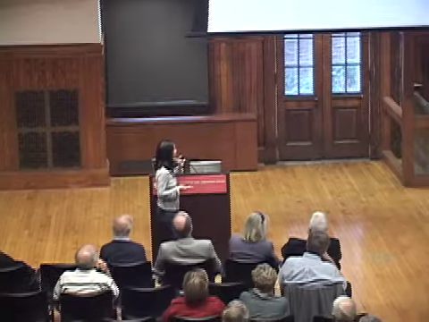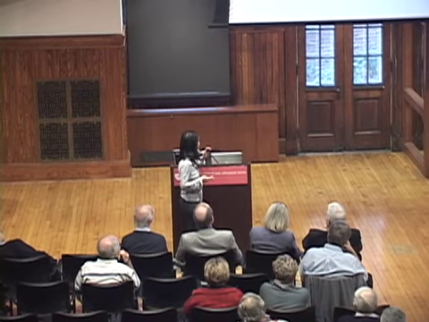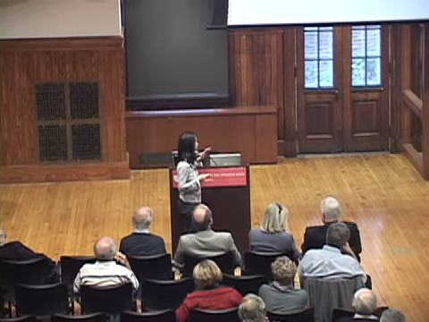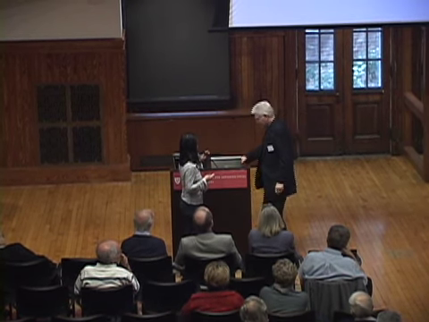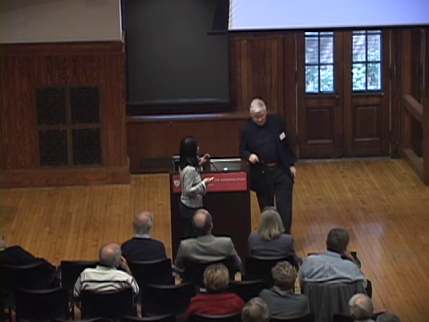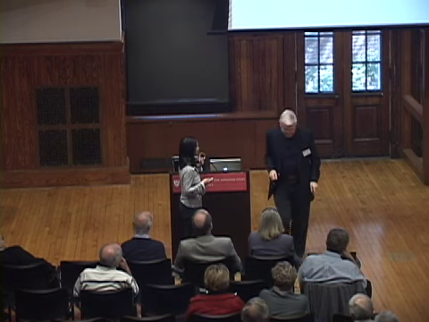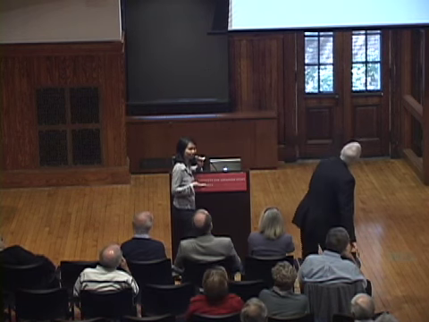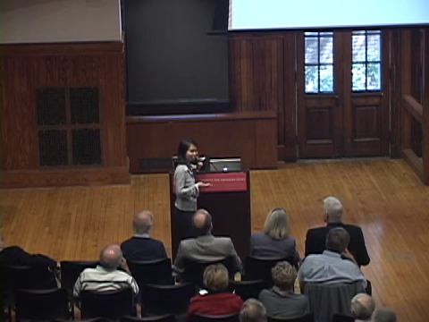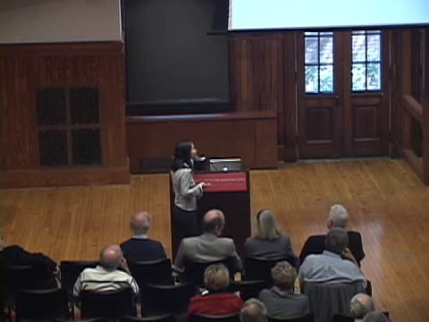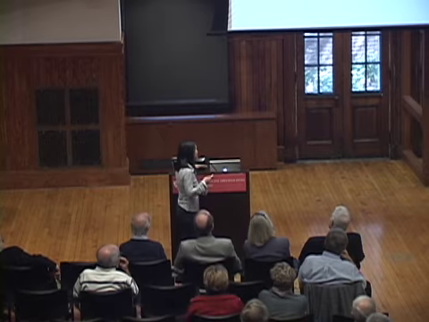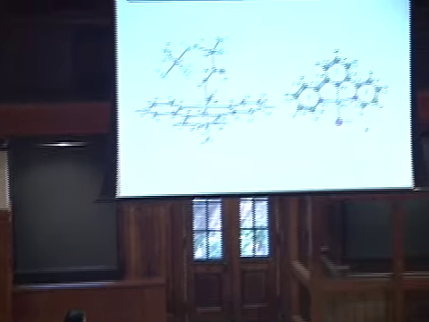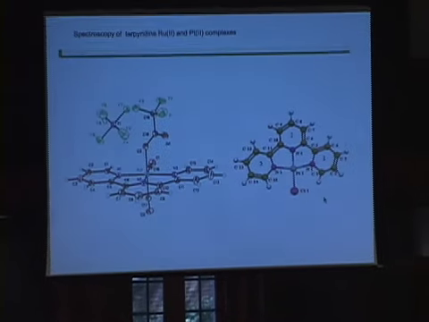The amount of data we obtained for these two complexes is huge. I just picked a couple out of the large amount of data we calculated for these complexes to present.